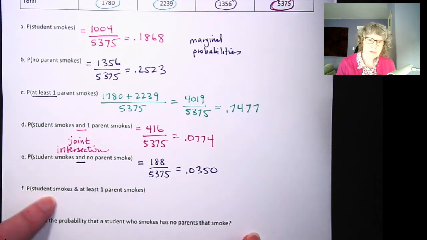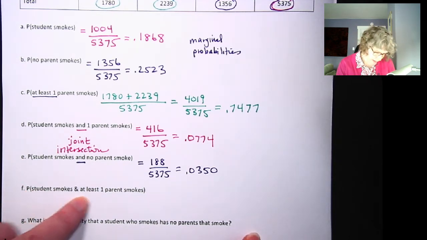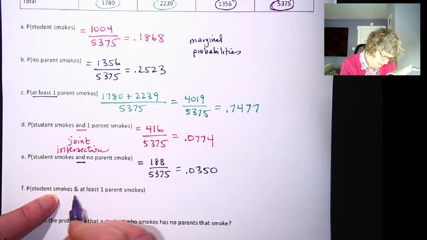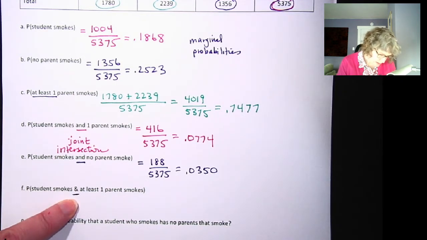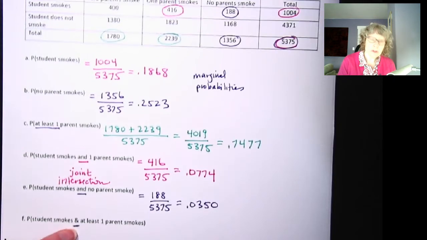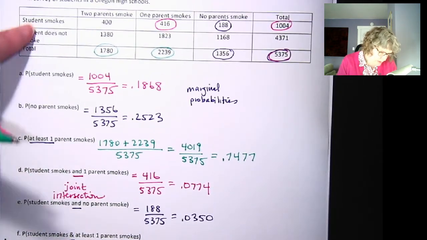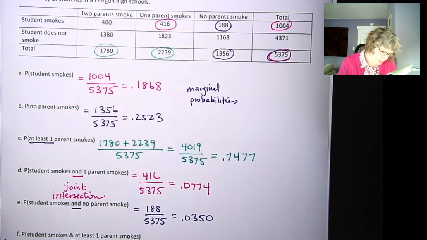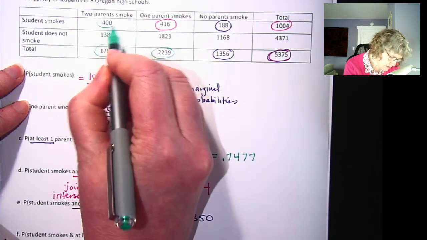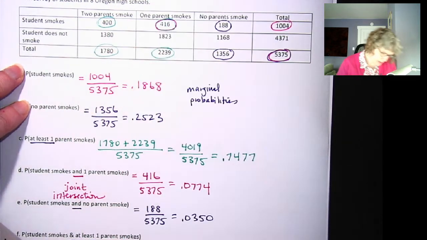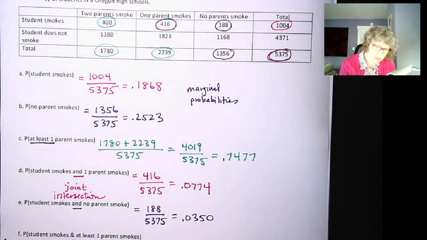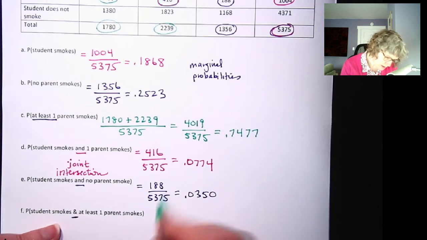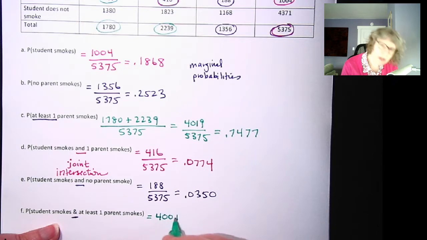Student smokes and at least one parent smokes. Let's think about our at least one again. We have two different possibilities, either 2 or 1, so we're going to add those together. That's 400 plus 416 out of 5375.